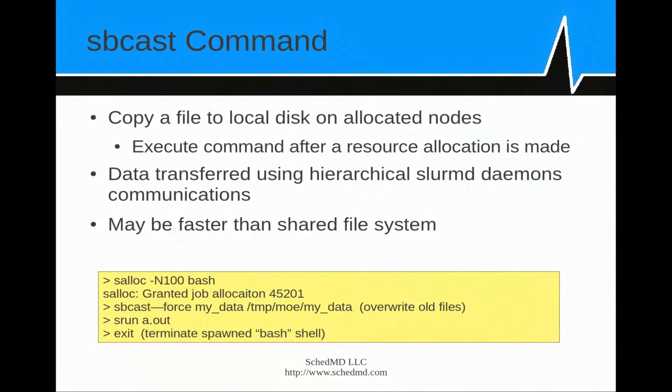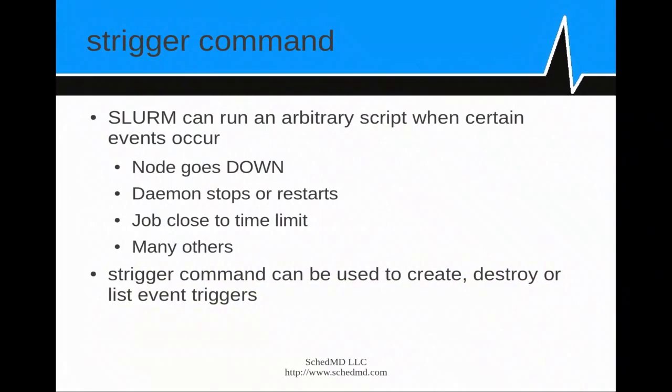This is something we have available, and the example has you creating a resource allocation, broadcasting a file out to the compute nodes, and then running a program on those compute nodes. So sbcast doesn't accept a list of nodes. It just goes to all the nodes that have been allocated to the job based upon the environment variables that have been set up for it.